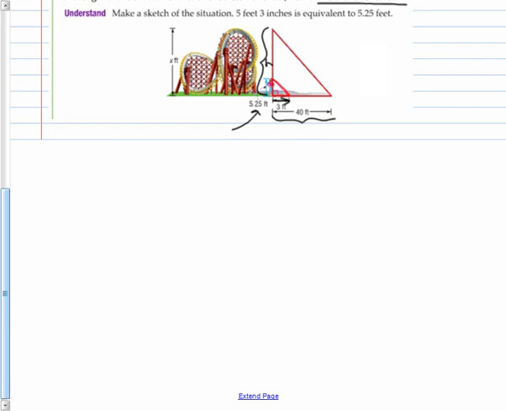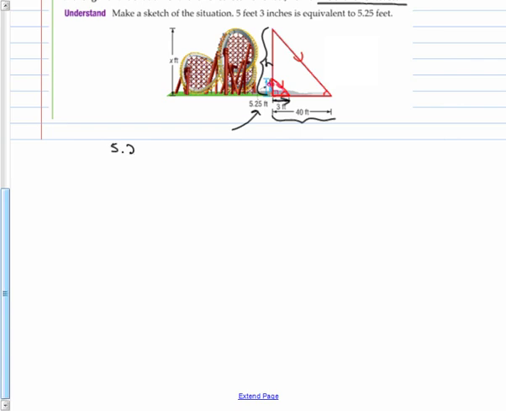Because the sun is in the same place for her and for the roller coaster. And so the sun is shining down at the same angle. You can think of those as parallel lines. Another way, we call it later on in geometry, the angle of elevation is the same. When you're on the ground looking up to the sun, that's an angle of elevation. Angle, similarity.